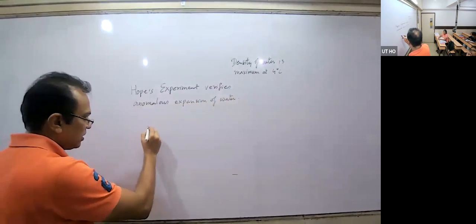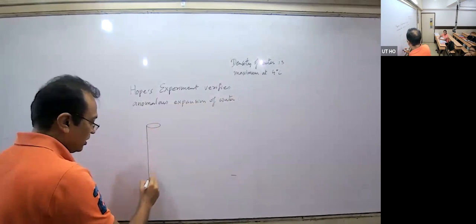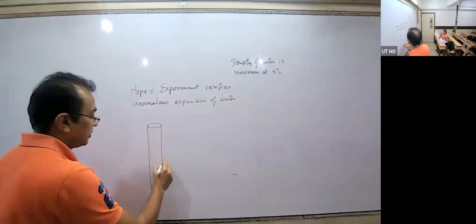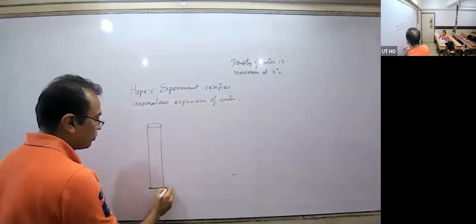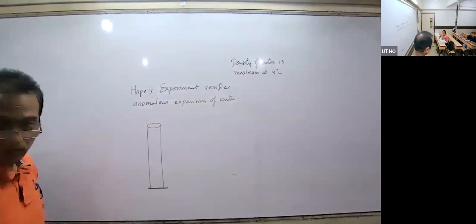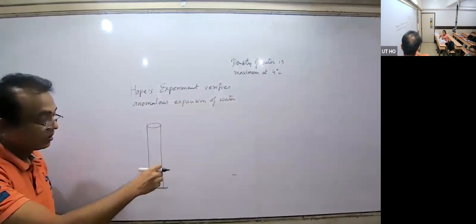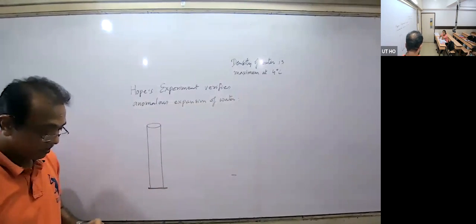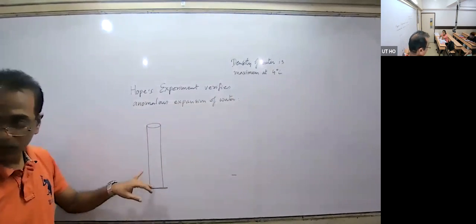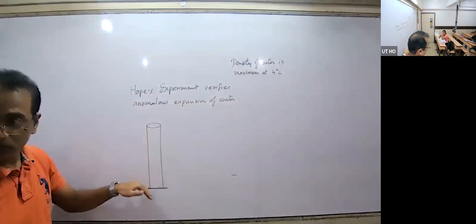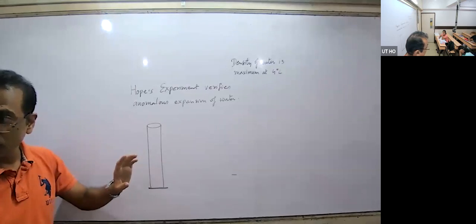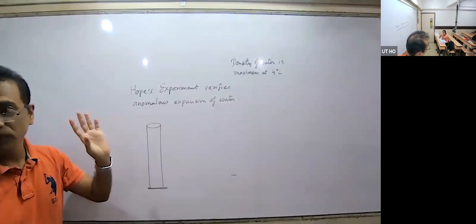It verifies that the temperature of water body, right, will never go below 4 degrees Celsius. Okay, in the inside of any water body, right? It will be freezing only at the surface, not inside. Inside temperature will always be at least 4 degrees Celsius.